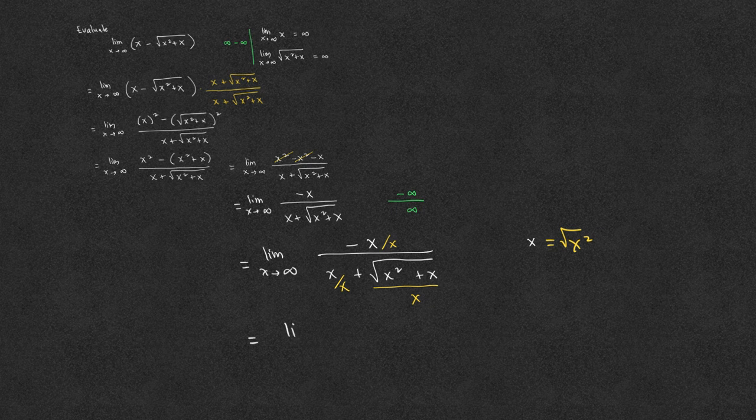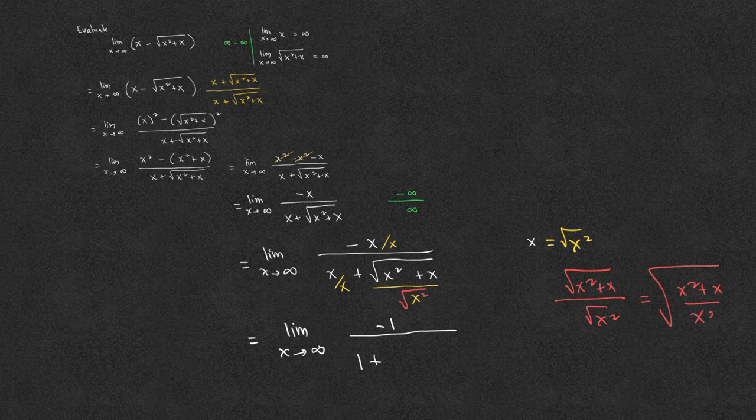Regardless, this is now the limit as x goes to infinity. The numerator now is negative 1. The denominator x over x is 1 plus. To simplify the term with the radical, we rewrite x as the square root of x squared so that the square root of x squared plus x over the square root of x squared can be combined into one radical, x squared plus x over x squared.